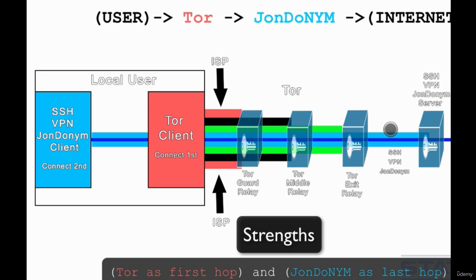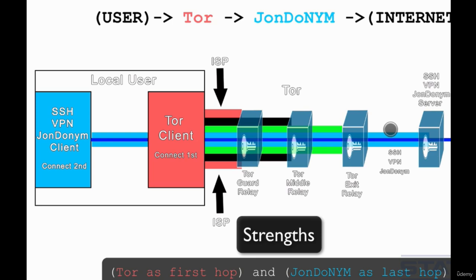Between these two layers, the Tor exit relay and the SSH, VPN, JonDonym server, Tor is stopped, and it cannot reach its destination by this layer if Tor is first hop and SSH, VPN, JonDonym is last hop.